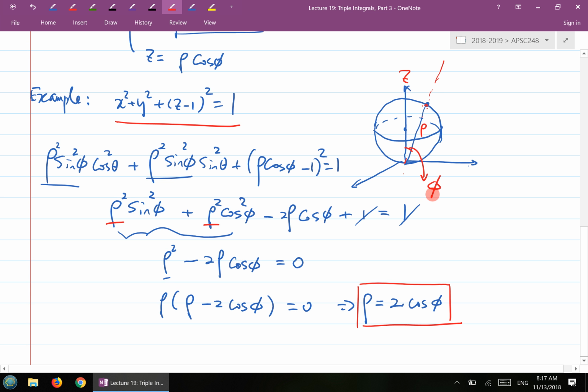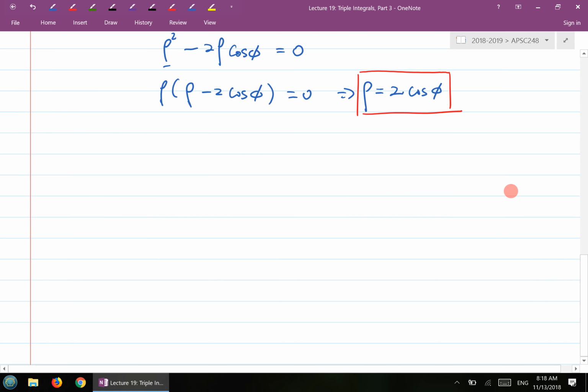Okay. And then I will use a property associated with the spherical surface. Let's suppose I pick a point that happens to be on this circle here. Let me maybe draw it slightly differently.